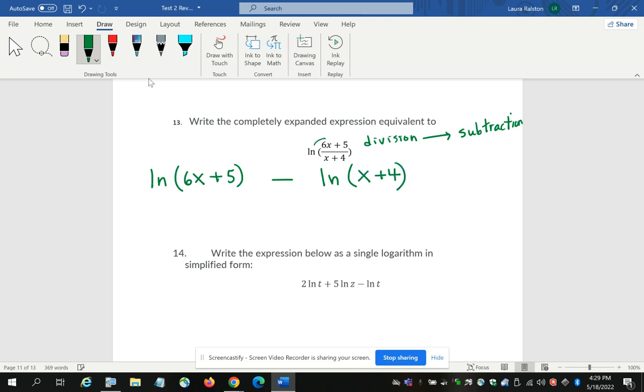I'm distributing the natural log to the numerator and denominator, and we're connecting them through subtraction. Now you have to remember that 6x plus 5 or even x plus 4 is sort of like a couple. They're connected by that plus sign and you can't separate them apart. So that is as far as we can go with that particular expansion.